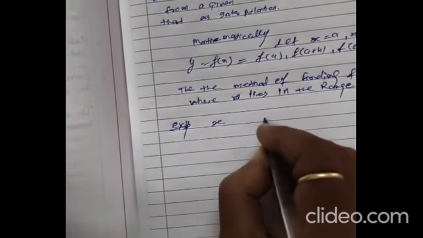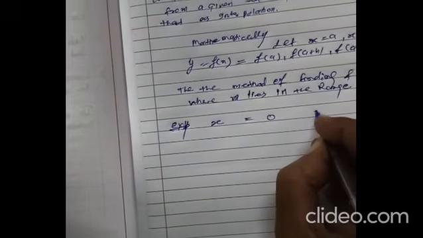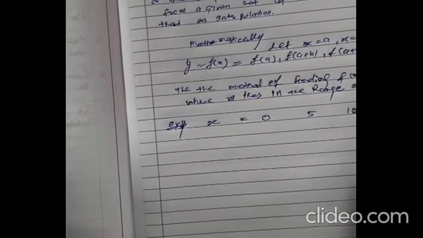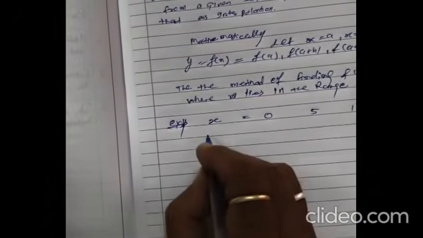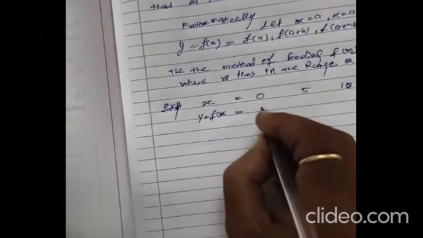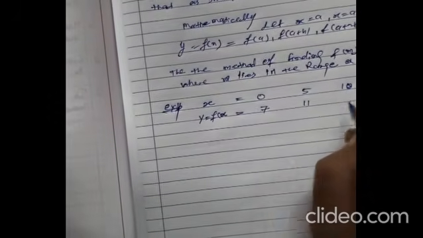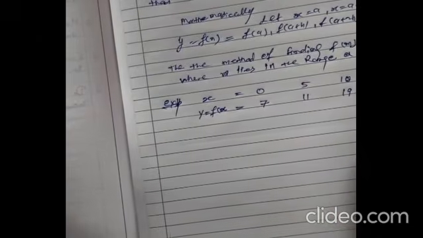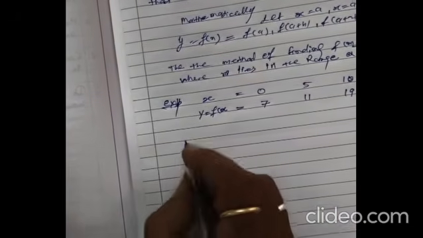x is equal to 0, 5, 10, 15, 20. y is equal to function of x: 7, 11, 19, 23 and 27.